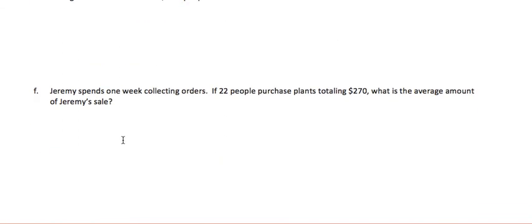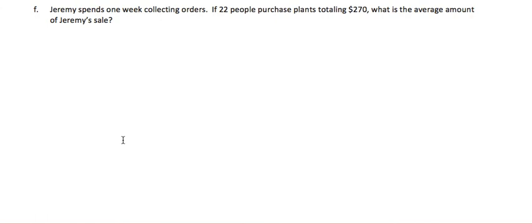And finally, Jeremy spends 1 week collecting orders. If 22 people purchase plants totaling $2.70, what is the average amount of Jeremy's sale? So we will have $2.70 divided by 22 people. And 22 is not going to go evenly into 270, so we'll need to do this as a long division problem.